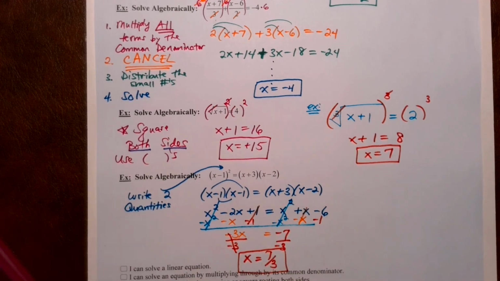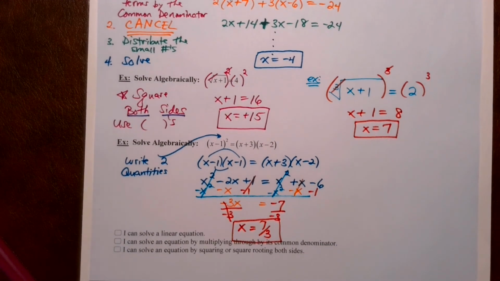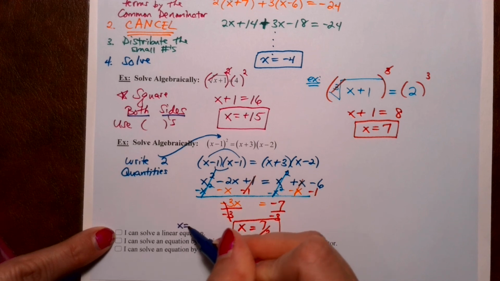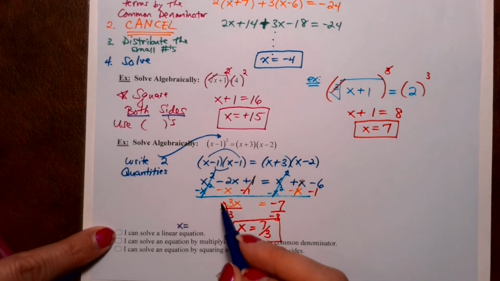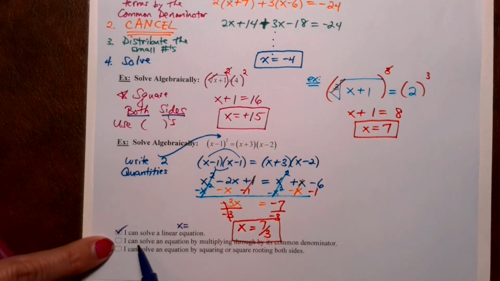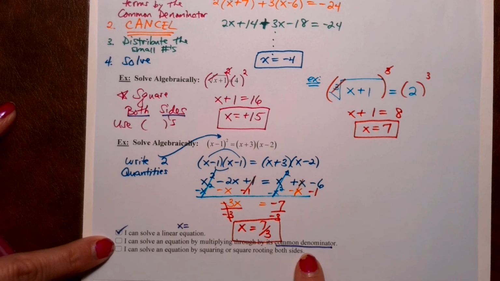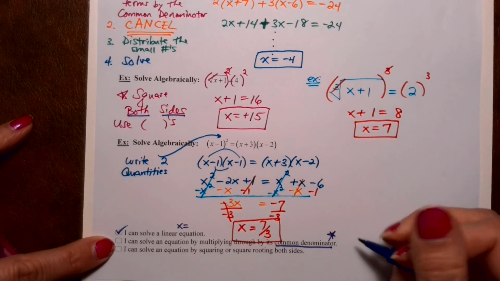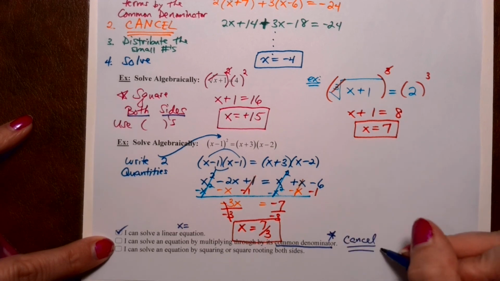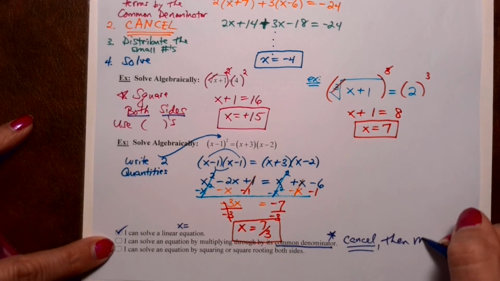So what are the things that we went over today? Can you solve a linear equation? That means your answer is x equals. Make sure what you do to one side, you show on the other side. Show your steps. I can solve an equation by multiplying by the common denominator. The most important step is to cancel, then multiply.